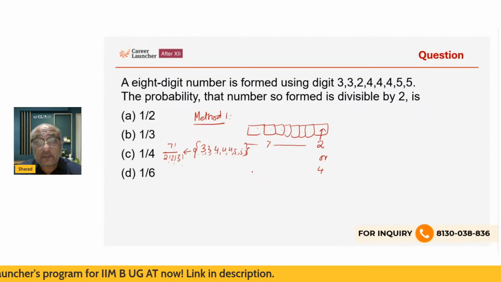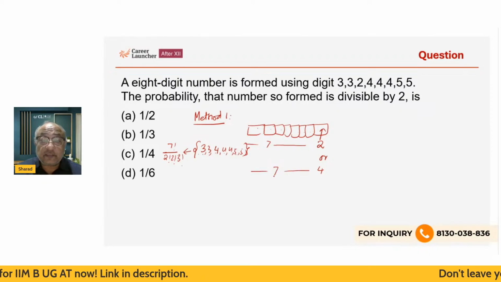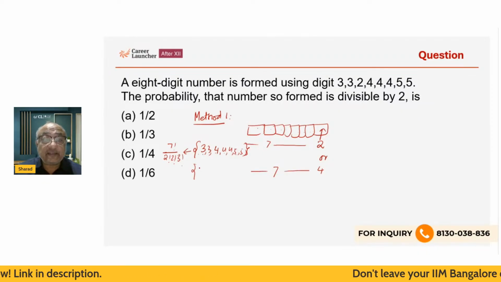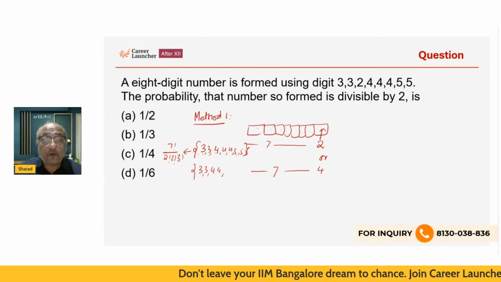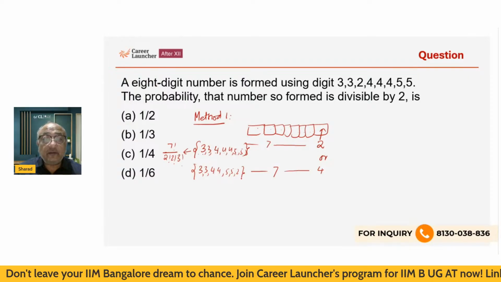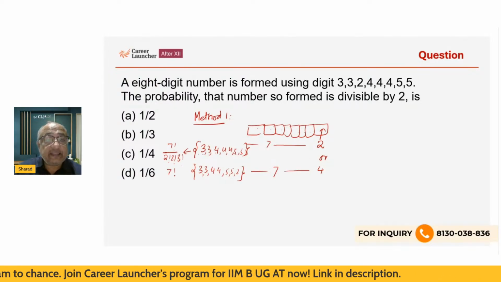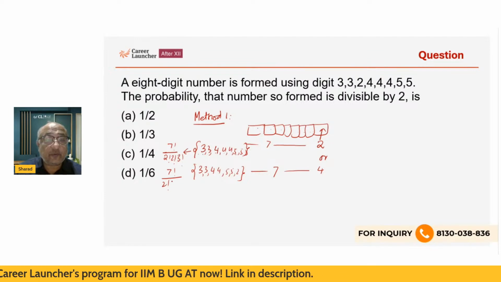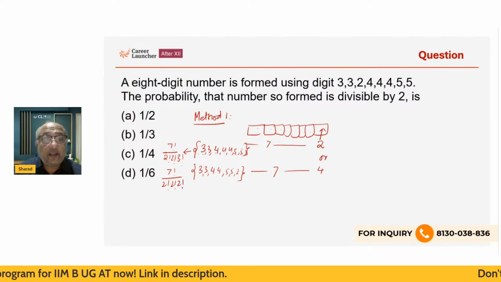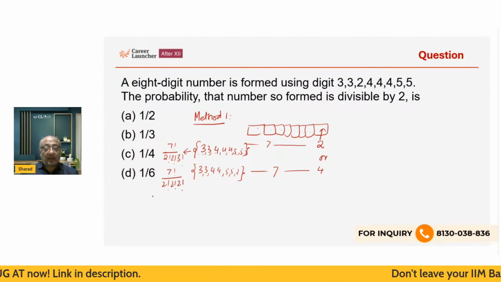If suppose this is 4, then also these are 7. But digits will change. 3 comma 3, 4 comma 4, 5 comma 5, and 1, which is 2 here. So this 4, right? Then in this case, we will have 7 factorial upon 2 factorial into 2 factorial. Understood? समझ आया?